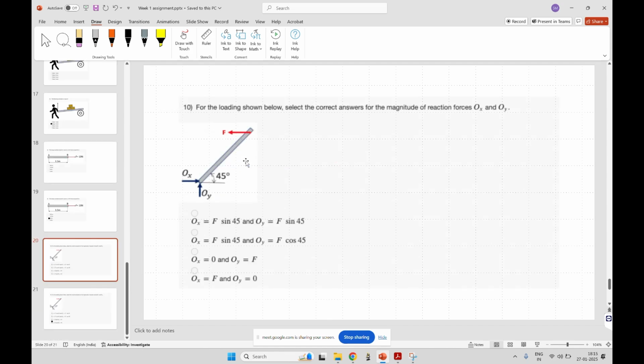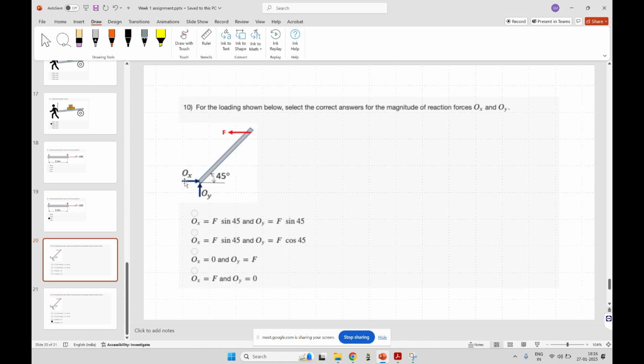And can anyone answer this? Anyone? OX is minus F cos 45? No. The direction of F is in line with the x-axis.